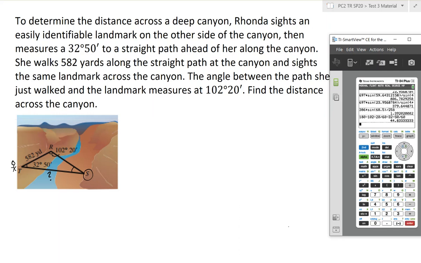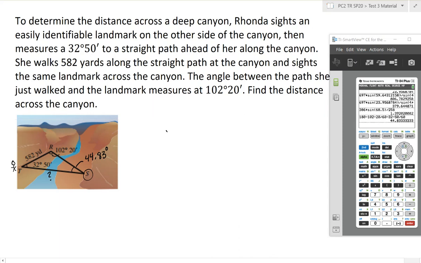And we get about 44.83 degrees. We'll just keep it as a decimal degree measurement. All right, now that we have that and we have the 582 yards, we can set this up.